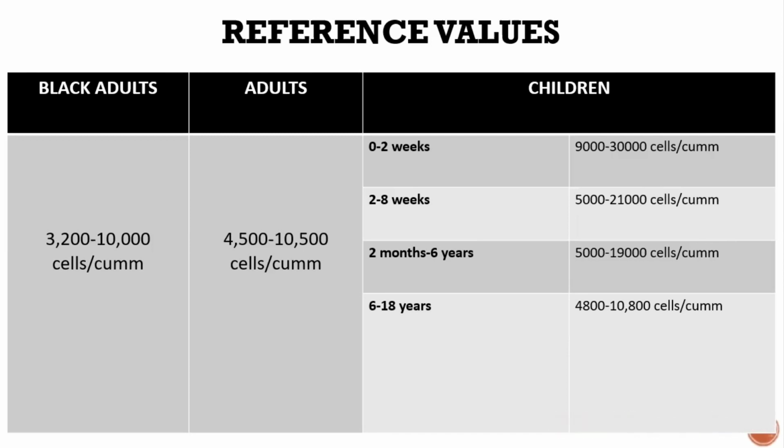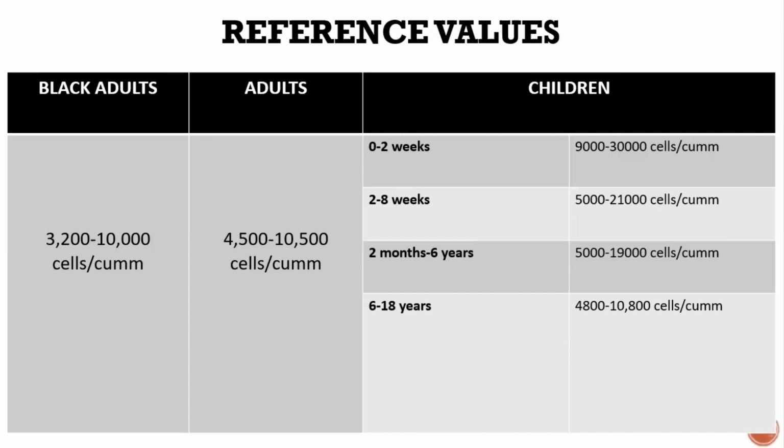In that condition, we can say 3.2 to 10 into 10 raised to 9 per liter. The unit usually changes, but cells per cubic millimeter is the standard value. When it comes to adults, we have 4,500 to 10,500 cells per cubic millimeter.